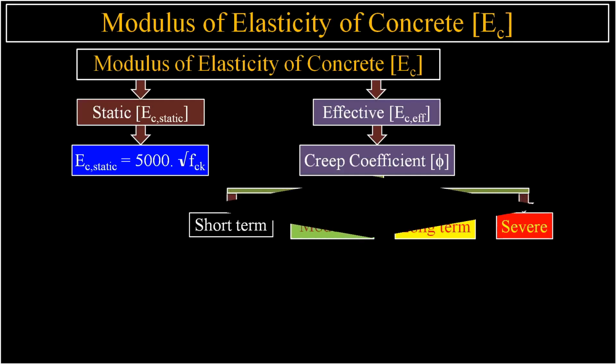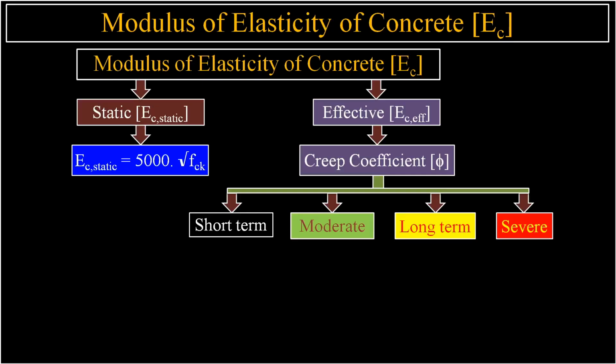The creep coefficient can be categorized into four general levels, corresponding to different loading conditions and time periods: short-term, moderate, long-term, and severe. A value of 0 indicates a short-term load, meaning there is no significant creep effect to consider.